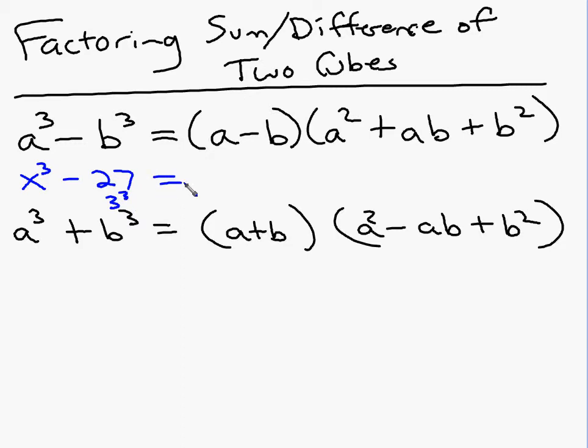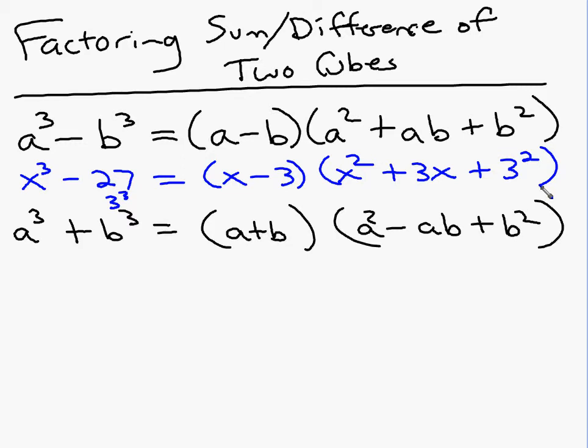So we just follow the formula. x minus, the b is going to be the cube root of 27. It's going to be the 3. So I'm going to put the 3 here, times x squared plus a times b, so that will be 3x, plus the b squared, the 3 squared. So that's obviously going to become 9. And there it is, it's factored.